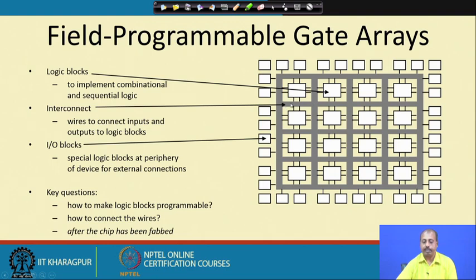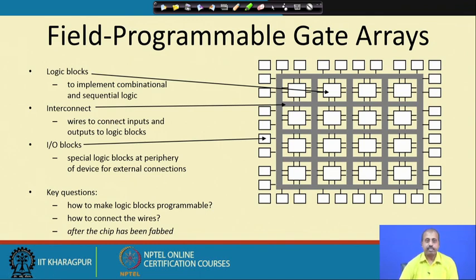The gray region is for running interconnect, and you can have some switches at these junction points. These junction points are not shown explicitly. You can have a switch here, and that switch will determine the connection between the horizontal and vertical lines. So, we have got interconnects, that is wires to connect inputs and outputs of logic blocks, and the I/O blocks for the input output operation. These are special logic blocks at the periphery of the device for external connection.